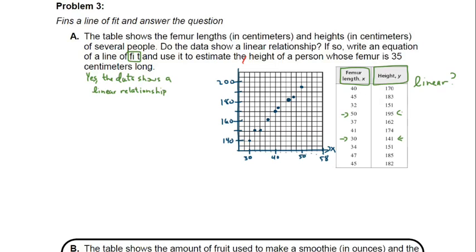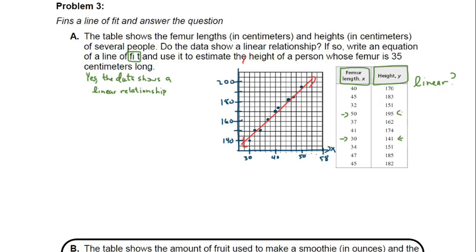So I'm going to try it like that. And that's pretty close. It's not perfect, but it's not bad. If we all did this separately, we would all find different lines.